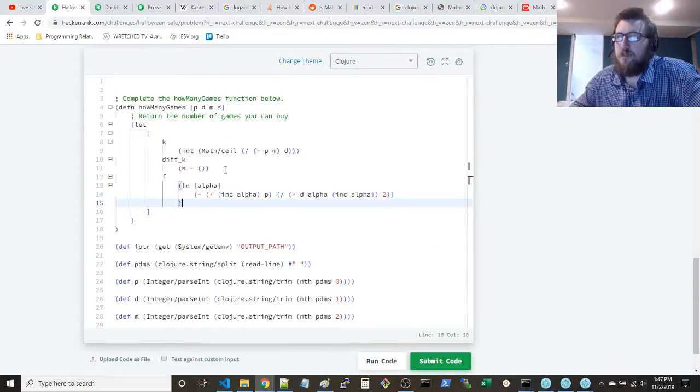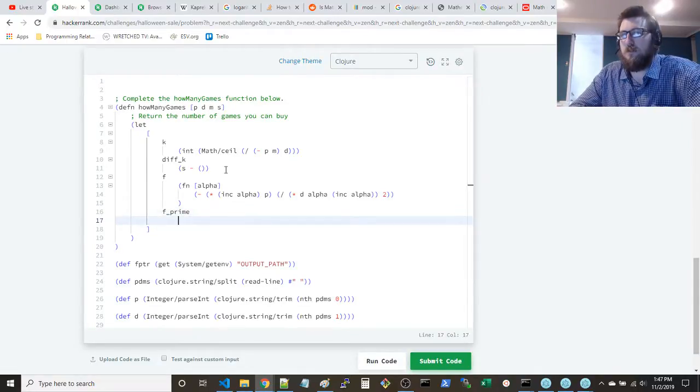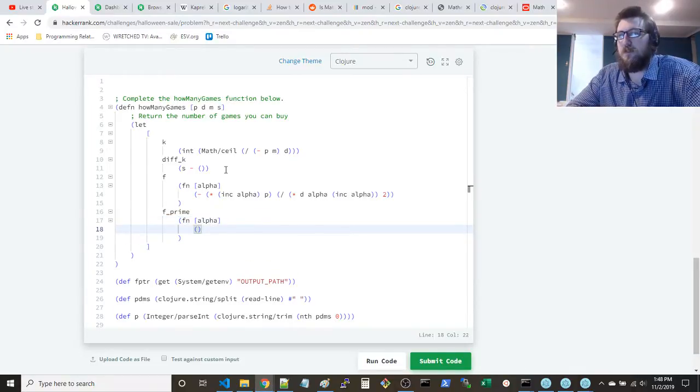So that's F. And then F prime is going to be a function of S and alpha. This is going to be S minus F of alpha. We're going to use this later as a key for a sort comparator.